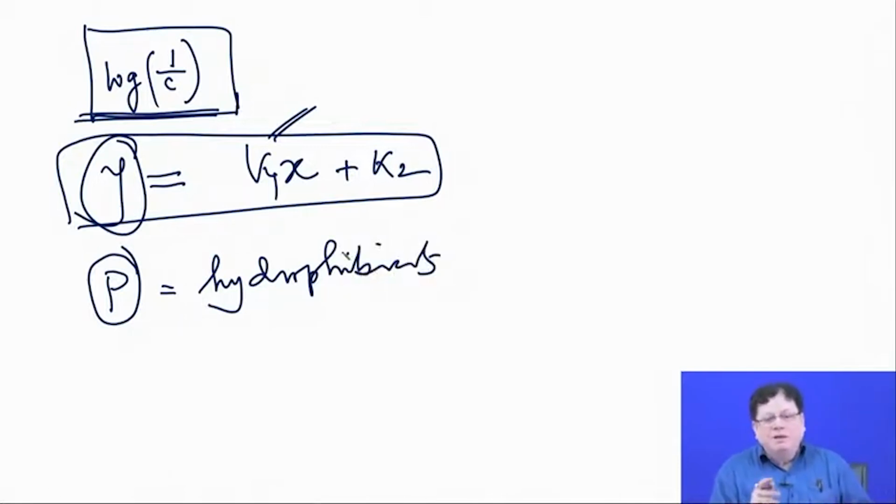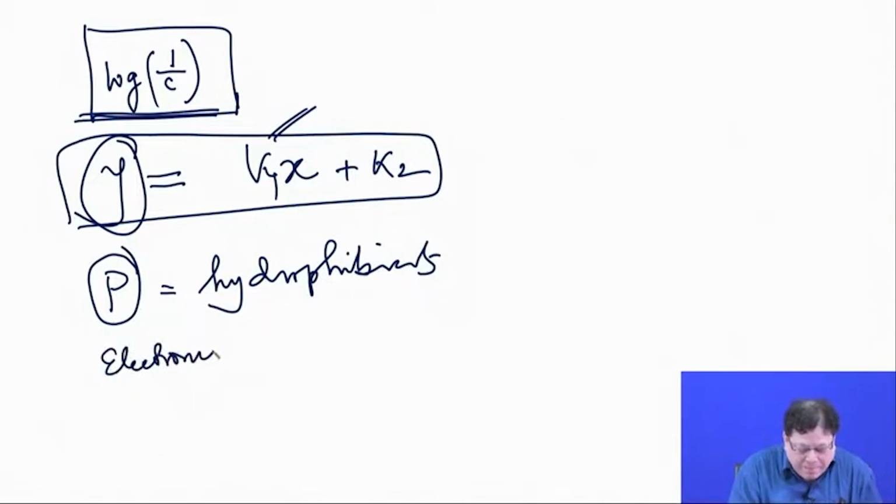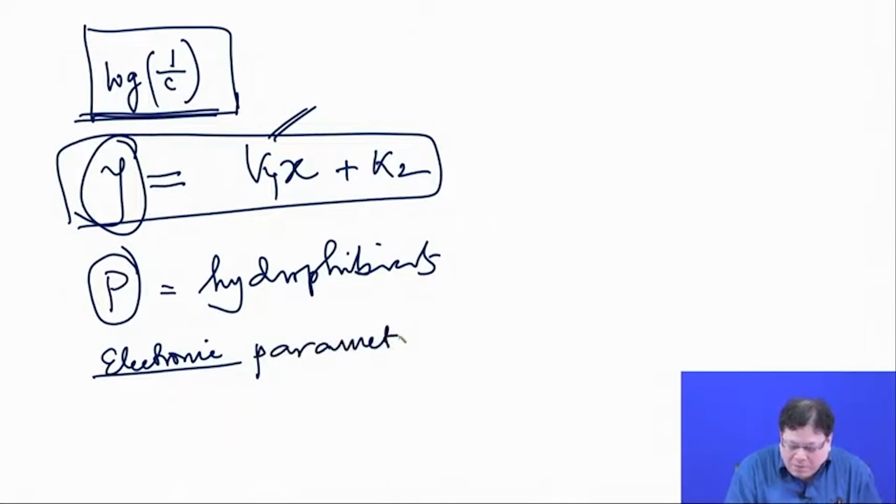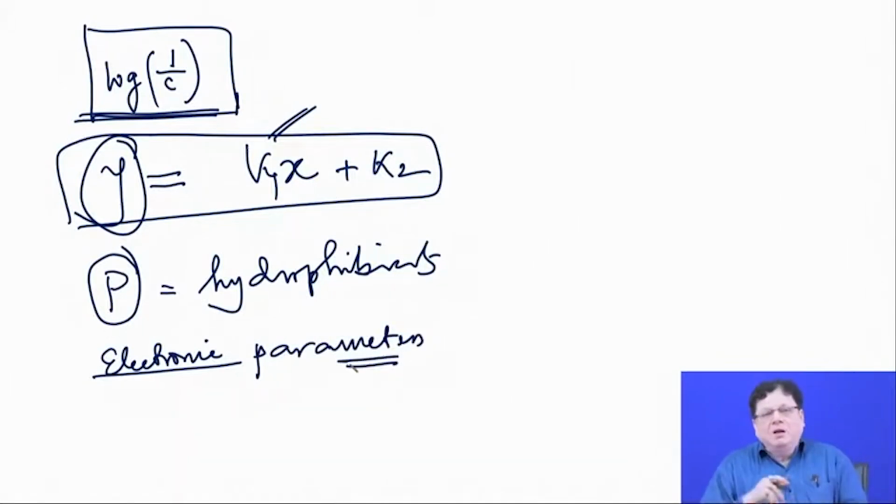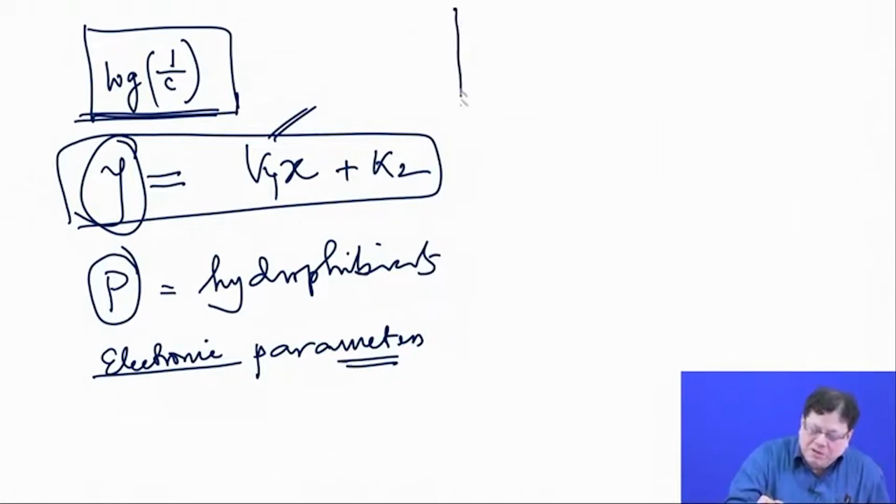What could be the other parameter? Apart from P, you can have electronic parameters. Why electronic parameters? Because electronic parameters definitely determine the chemical reactivity of a molecule, that we know, like benzoic acid versus paranitrobenzoic acid, which one is more acidic, you can tell from your organic chemistry knowledge.